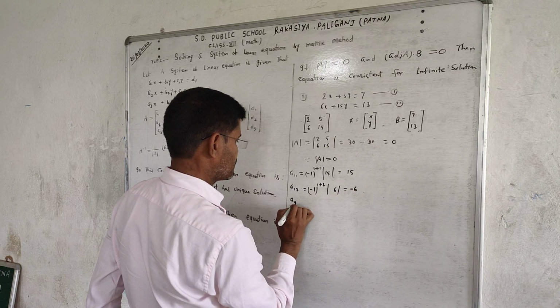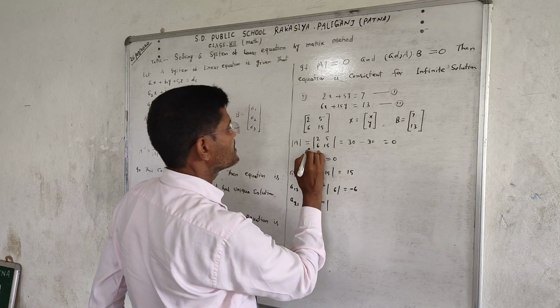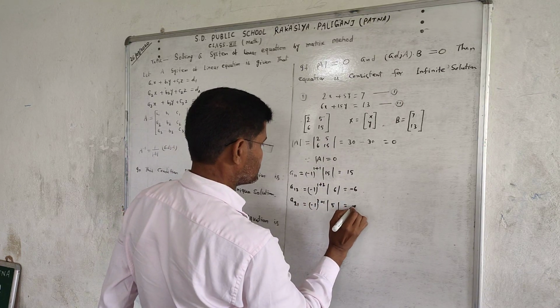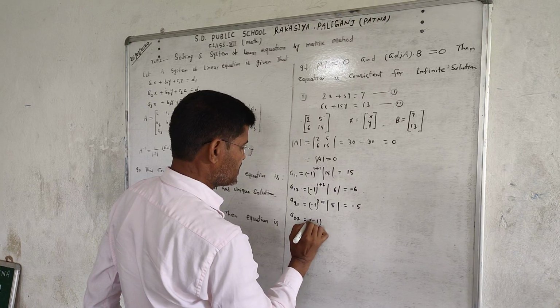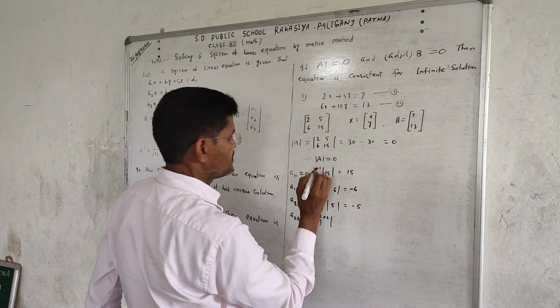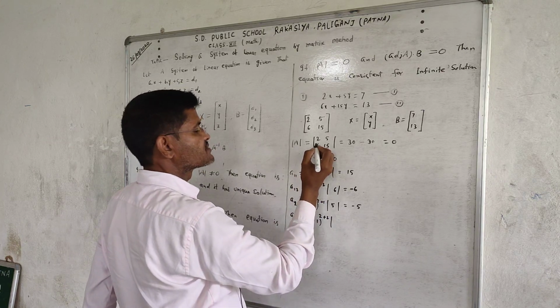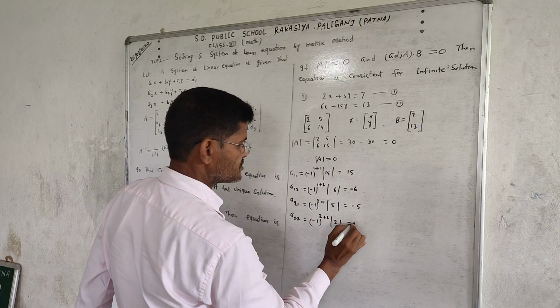A21 is equal to -1 to the power 2 plus 1, and its corresponding element is 5, so it is -5. A22 is equal to -1 to the power 2 plus 2, the corresponding element of the second row and second column, which is 2.